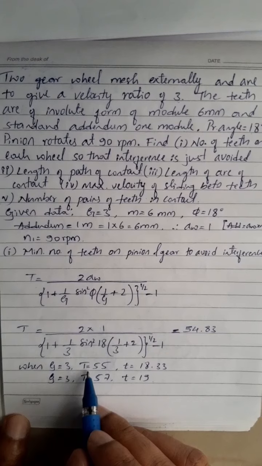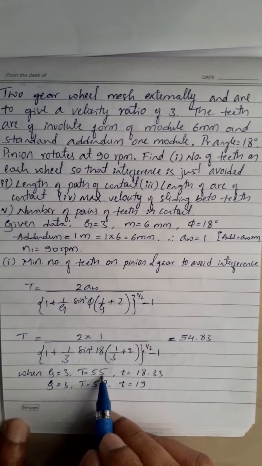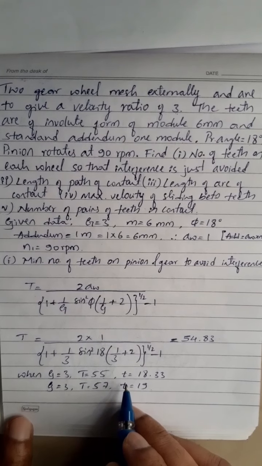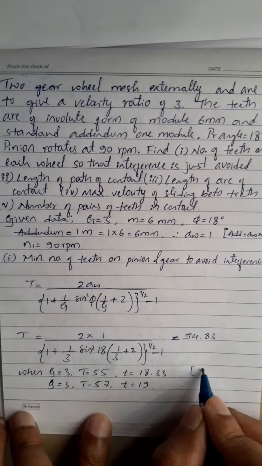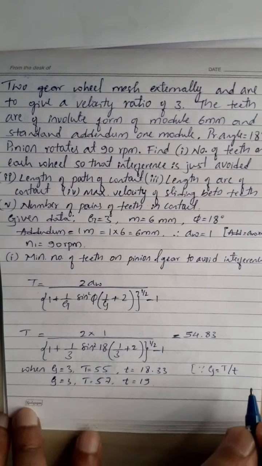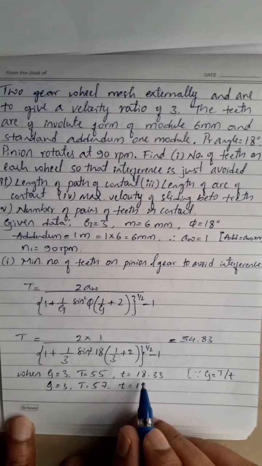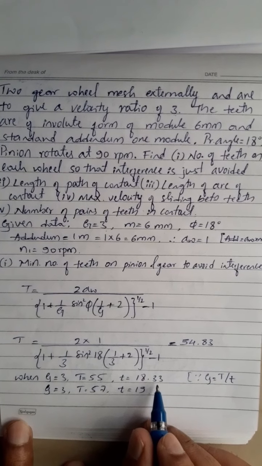and number of teeth on the gear is 55, then we get the number of teeth on the pinion as 18.33, because we know that G is equal to capital T by small t. So here we get a fractional value of t, which is not suitable.